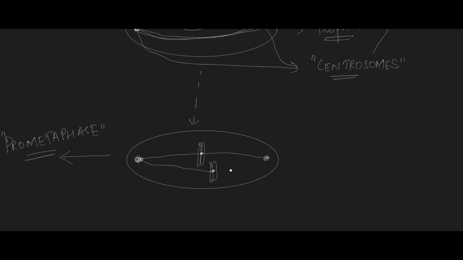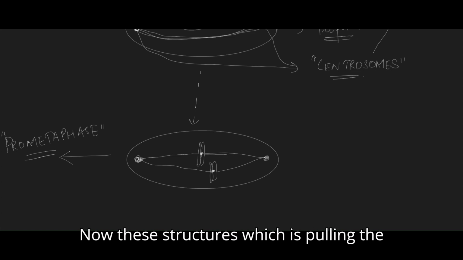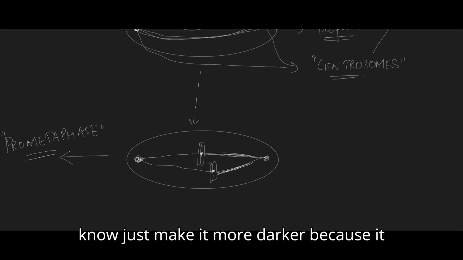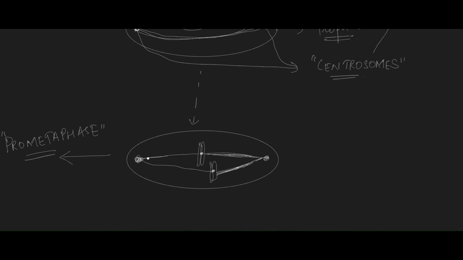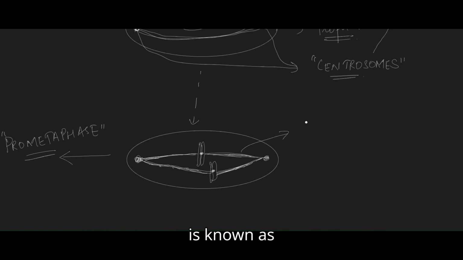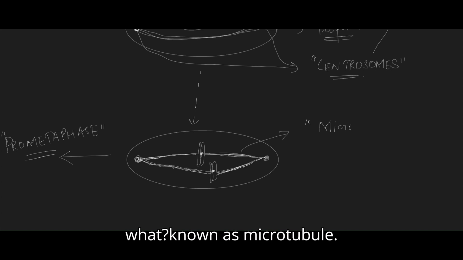Using nothing but, now these structures which are pulling the genetic material, I'll make it darker because it's important. These structures you can see here are known as microtubules.